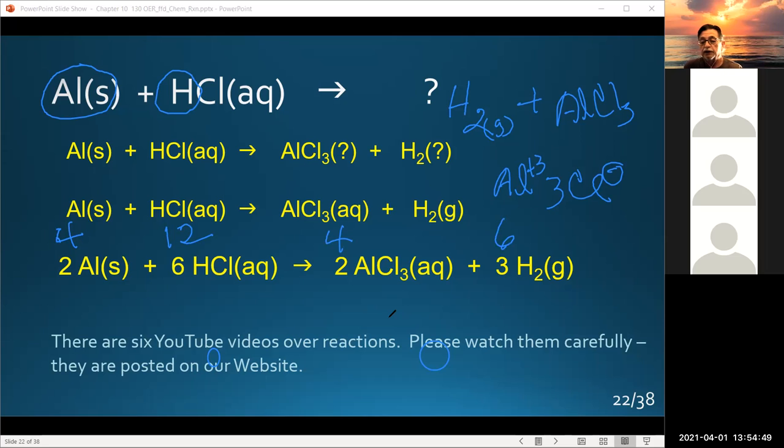But by convention, if your coefficients can be reduced to the lowest terms, then present your balanced chemical equation in the lowest terms. So sometimes you occasionally come up with 4, 12, 4, and 6. Look and see if anything's divisible further down, and bring it down to its lowest terms, which would be 2, 6, 2, and 3. That's as low as you can go. Whole numbers, no fractional numbers, no half numbers.